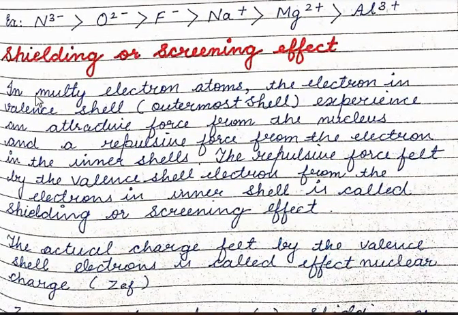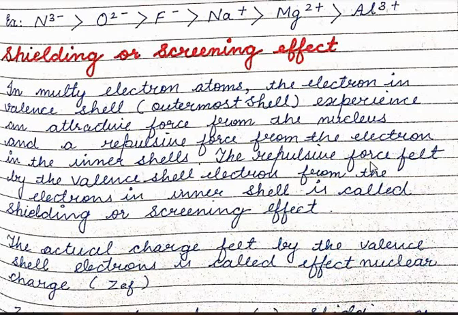Shielding or screening effect. In multi-electron atoms, the electrons in the valence shell or outermost shell experience an attractive force from the nucleus and a repulsive force from the electrons in the inner shell.